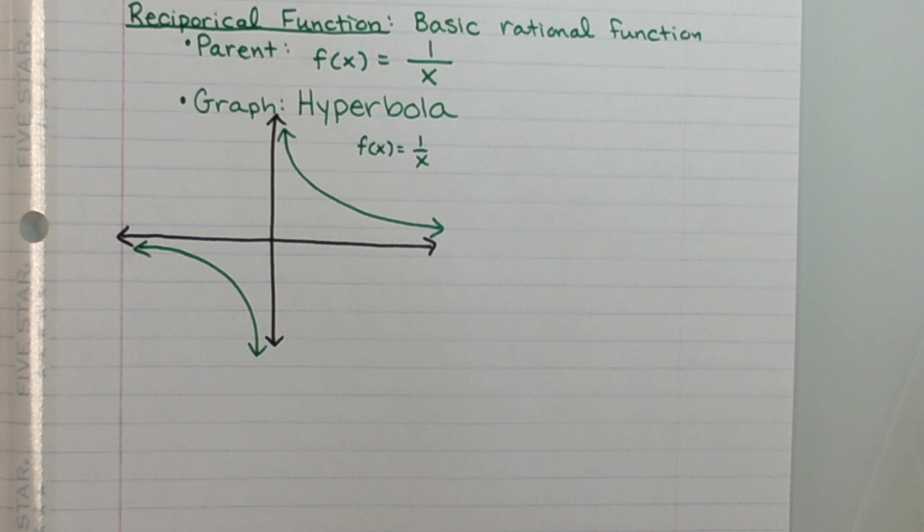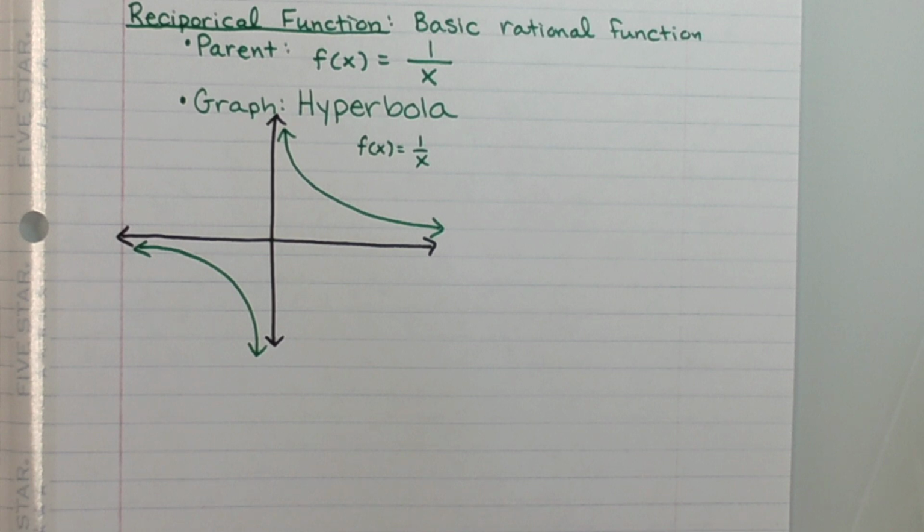You're going to notice that as it goes on both sides, it's kind of leveling off, going towards that same horizontal line, in this case, going towards the x-axis. If you look up and down, you're going to see similar to the y-axis, it's kind of leveling off, going towards that y-axis.